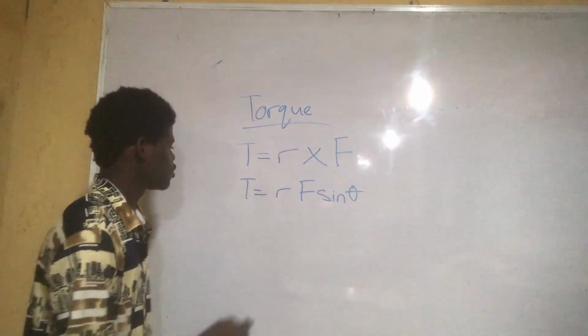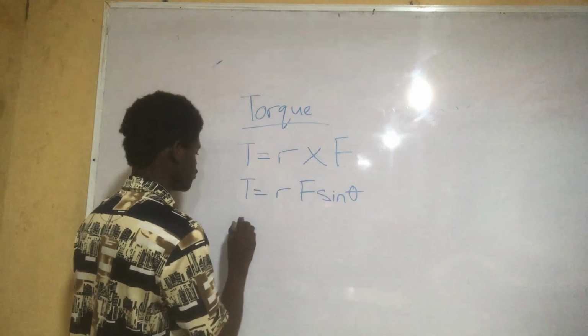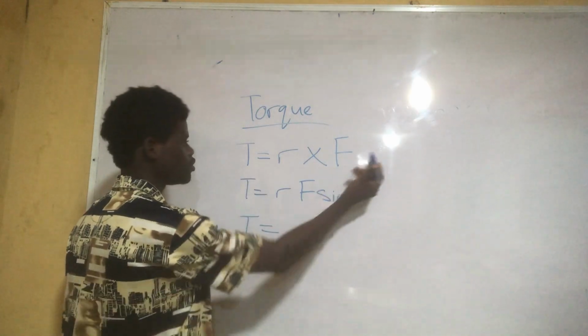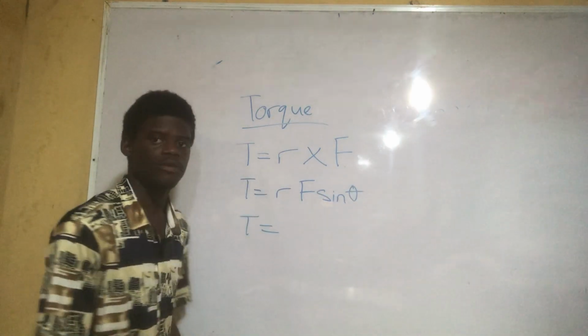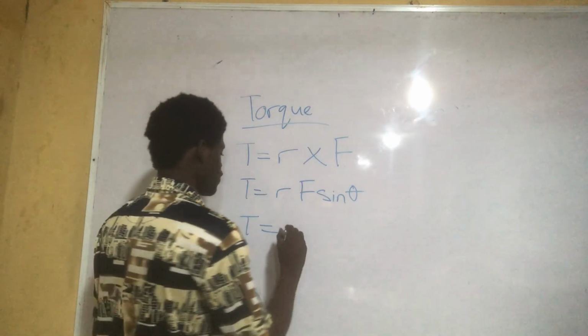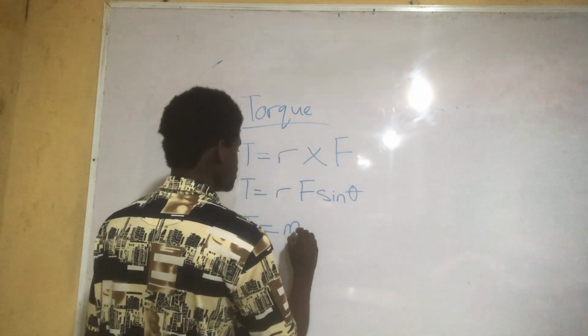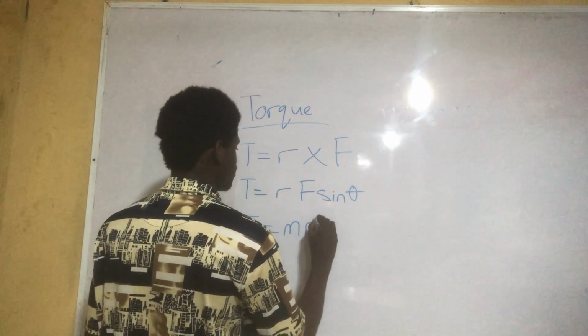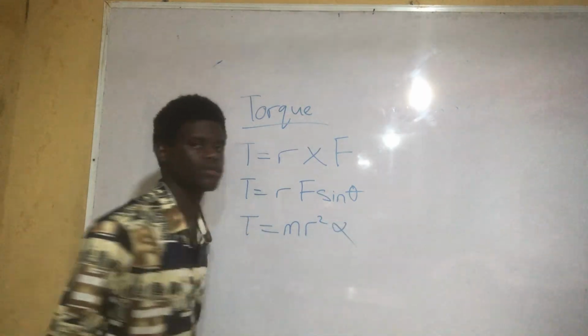So this is number one, this is number two. There's also another formula for torque. The other formula for torque is m r square alpha.